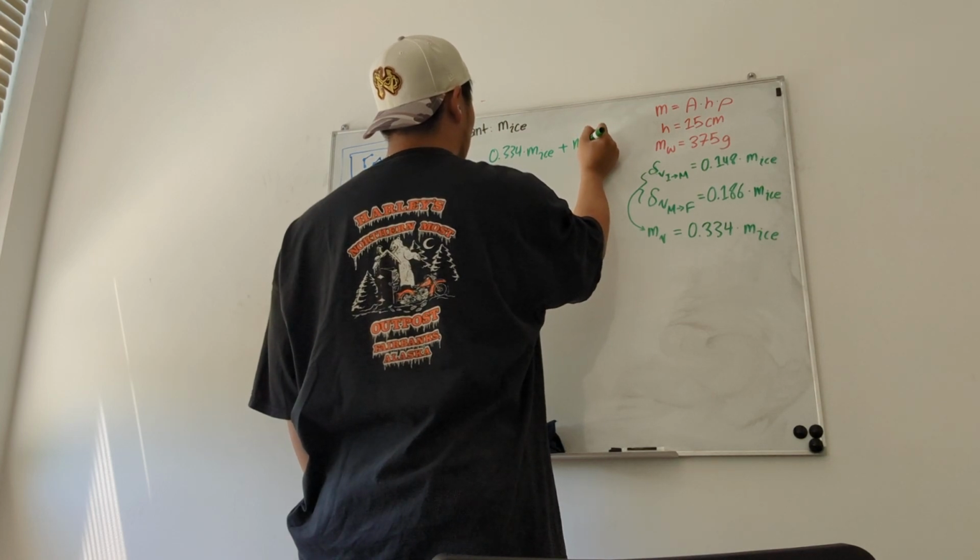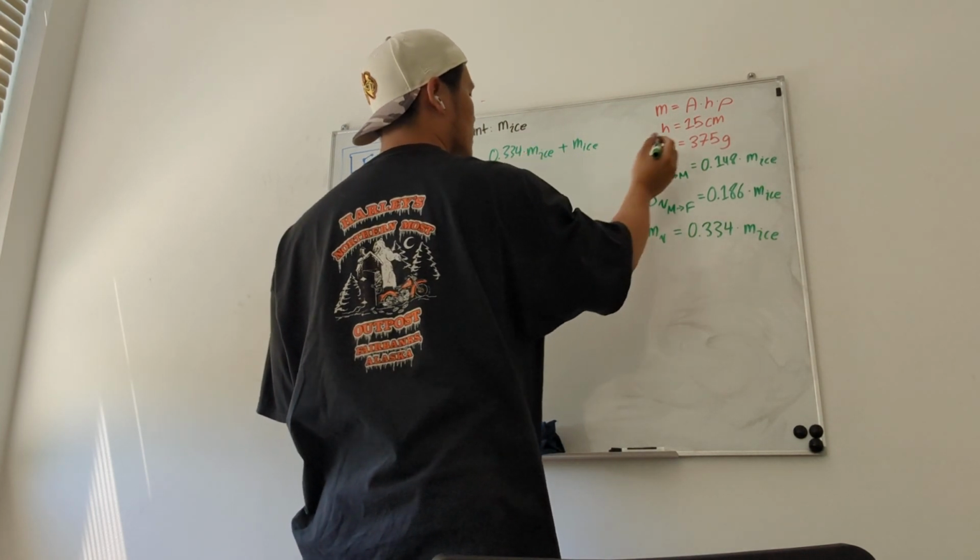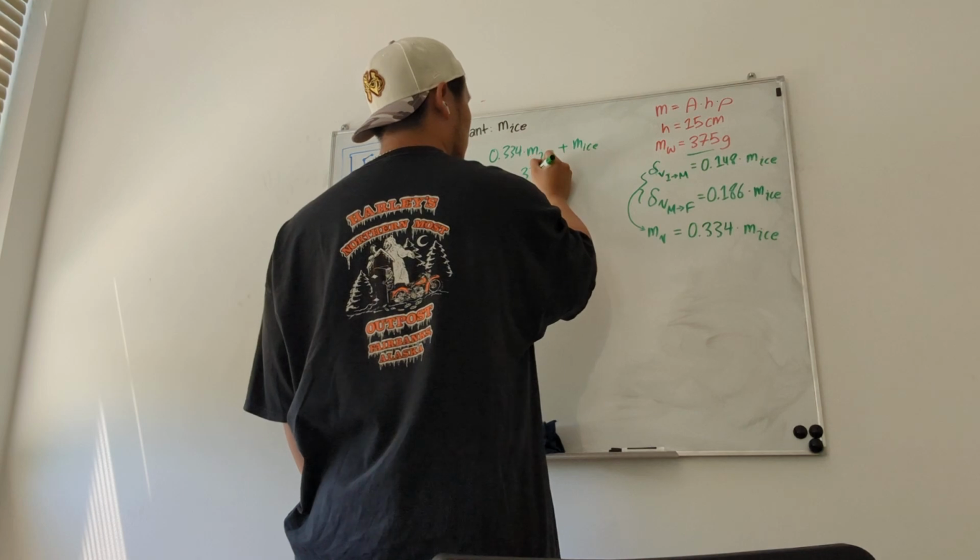So we add 0.334 times the mass of ice plus the mass of ice equal to the mass of water, 375 grams.